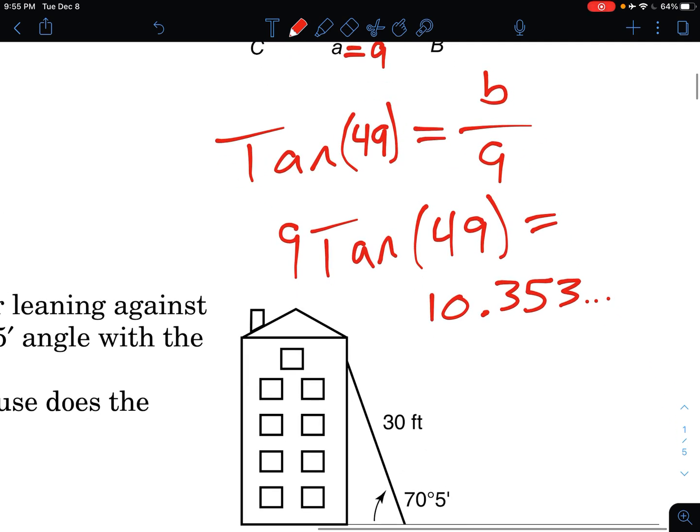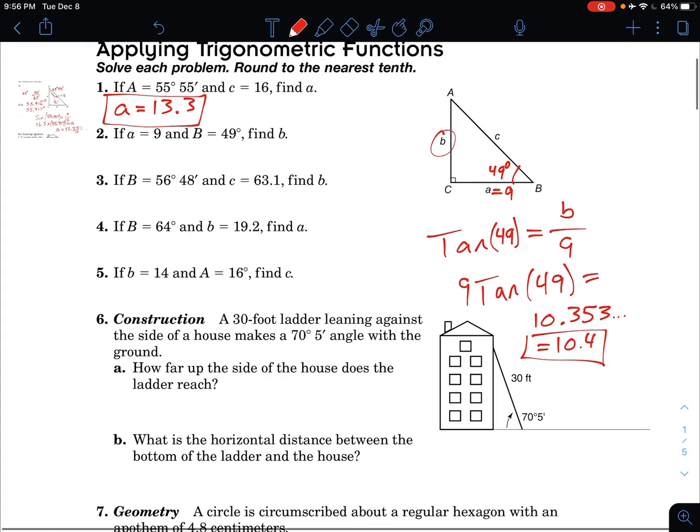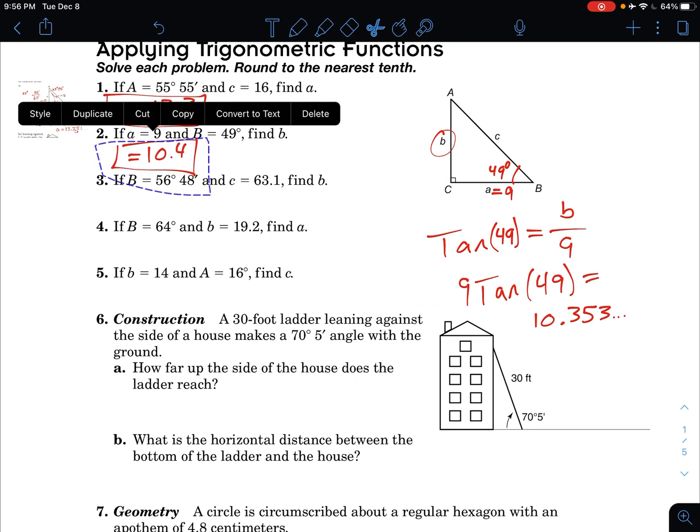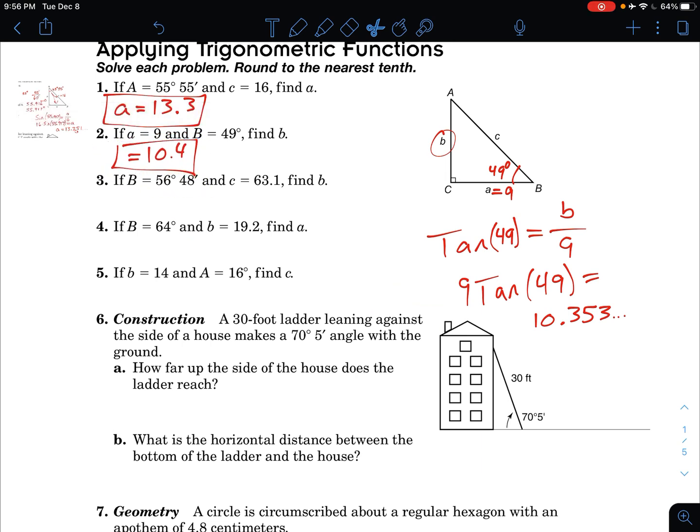So ask yourself, does the hundredths place round up the tenths place? It does. So we're going to get 10.4 for our answer here. Alright, so we're going to copy this, make that our answer. B is 10.4.